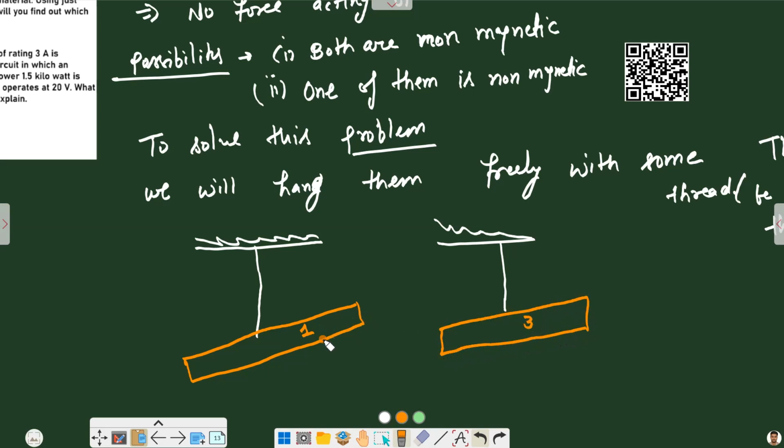Now we give them random orientations. Suppose we push this bar from this side and this bar from this side, so we can give them random orientations. Now we know that if one of them is a magnet, it will align according to the magnetic field of Earth.